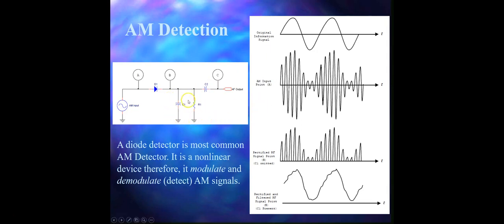The reason is that our carrier frequency is usually higher than the information signal frequency. So the low pass filter will pass the information signal because it is of low frequency, and block the carrier signal because that is of a higher frequency.